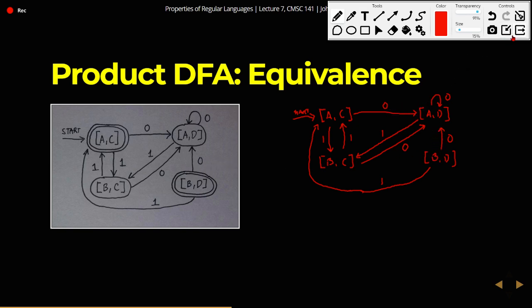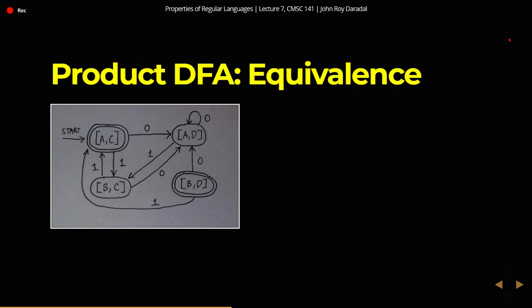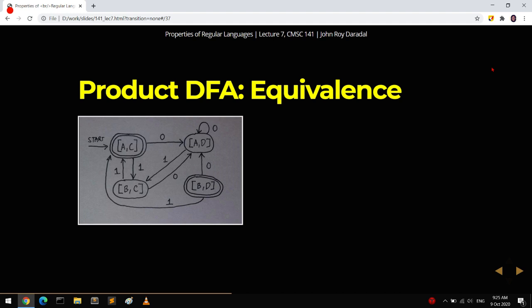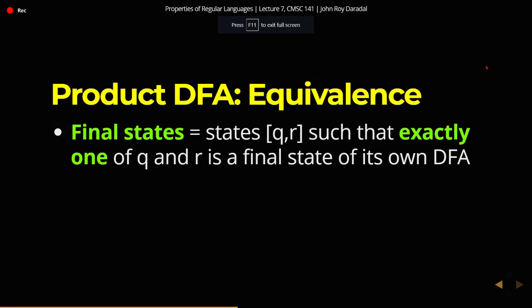But what about the final states? So for the final states of the equivalence problem, we will make the states QR such that exactly one of Q and R is a final state of its own DFA.